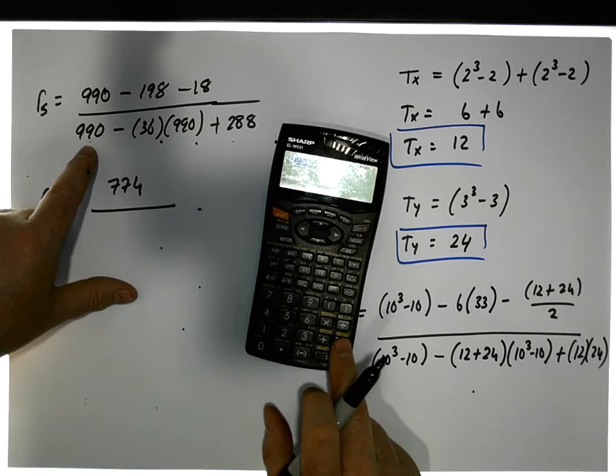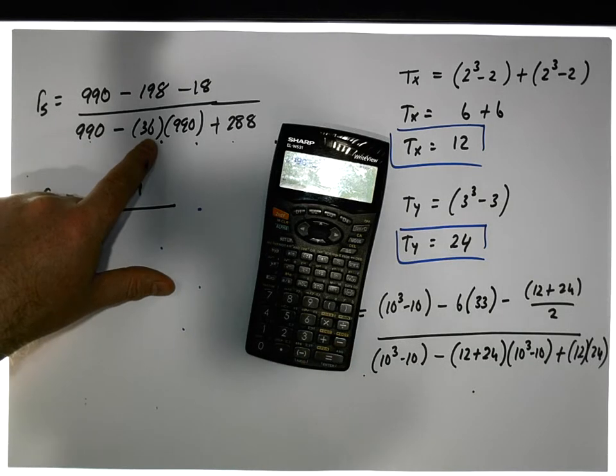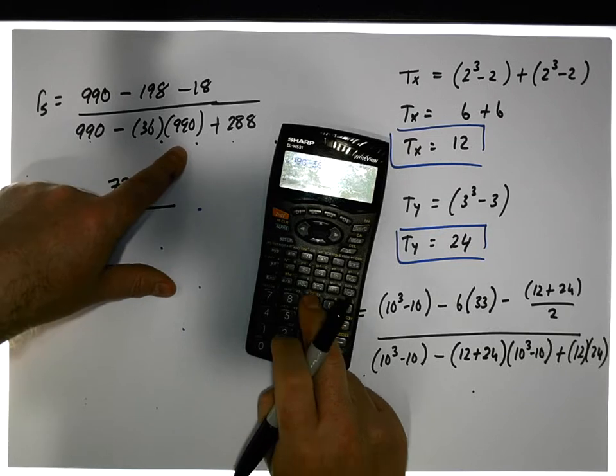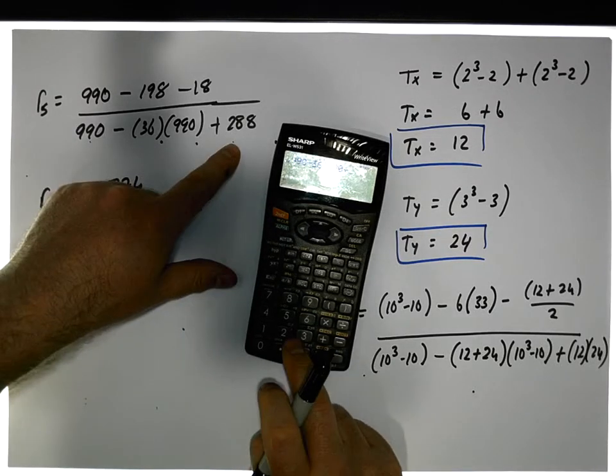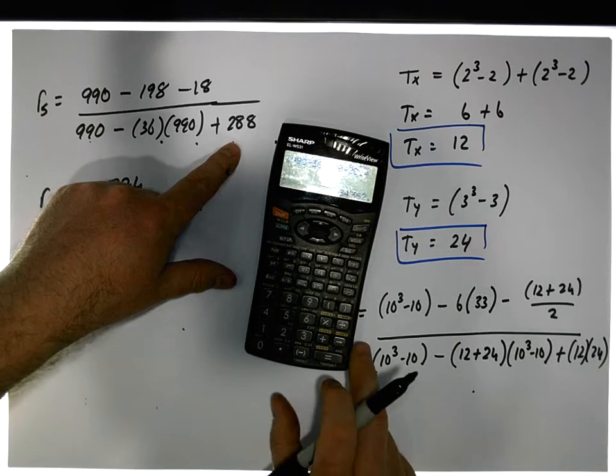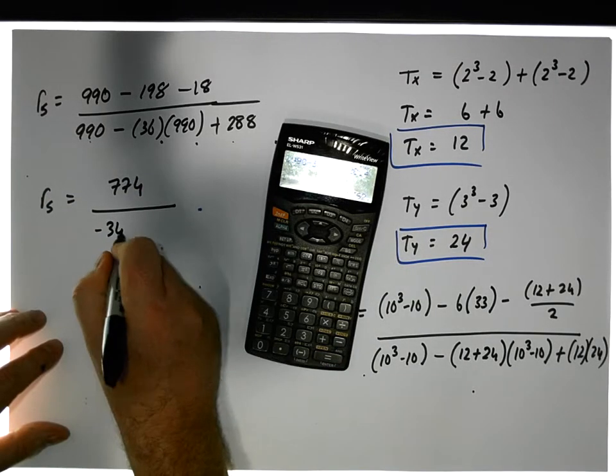990 minus 46 times 990, plus 288, which gives us a value of minus 34,362.